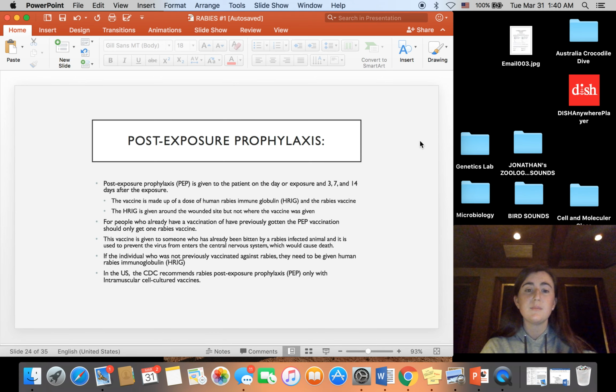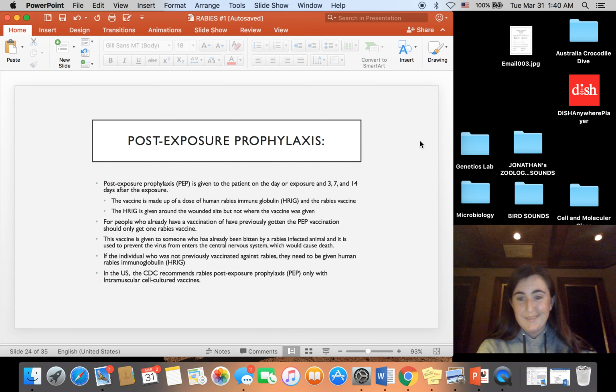The post-exposure prophylaxis is given to a patient on the day of exposure and on days 3, 7, and 14. So on those days after you have been bitten, those are the days you need to get this shot.